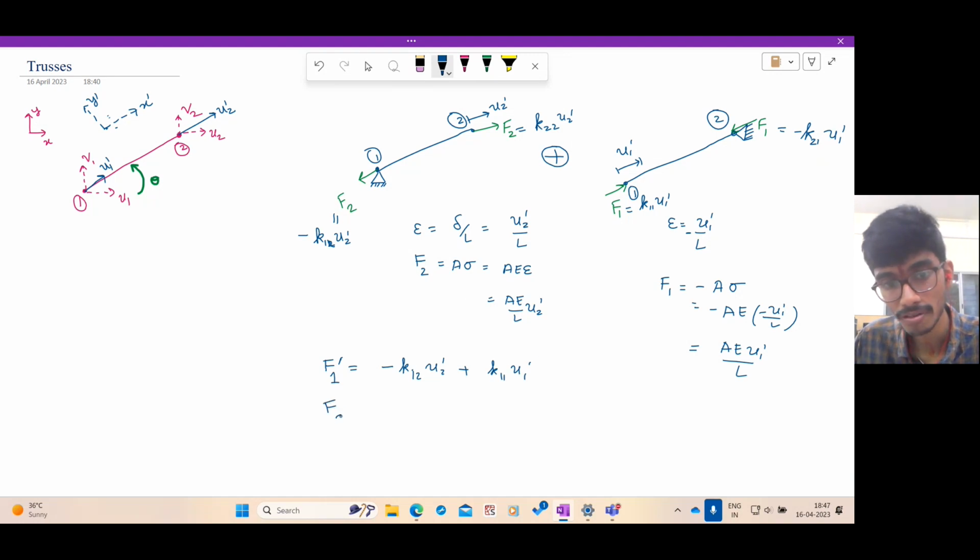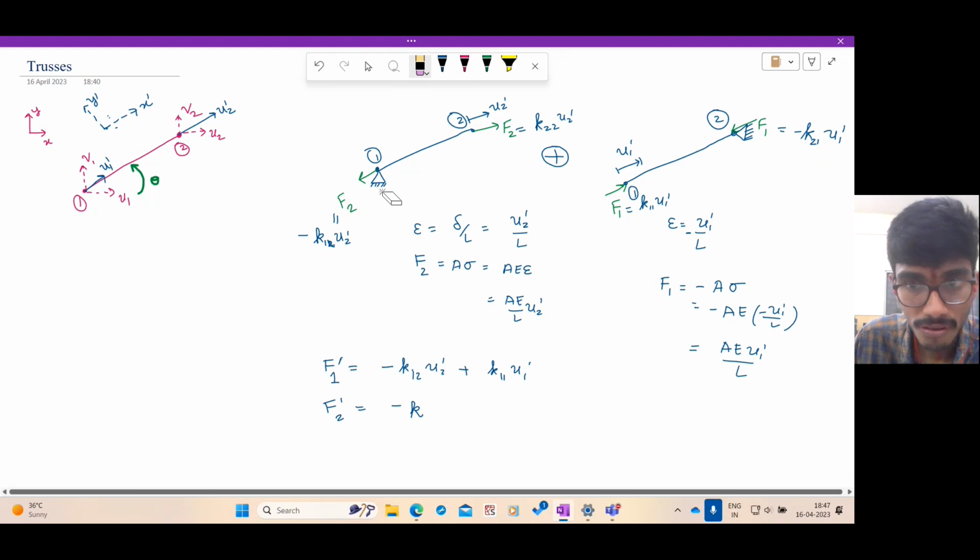And what is the net force on node 2? It is minus... let us see, just a minute.